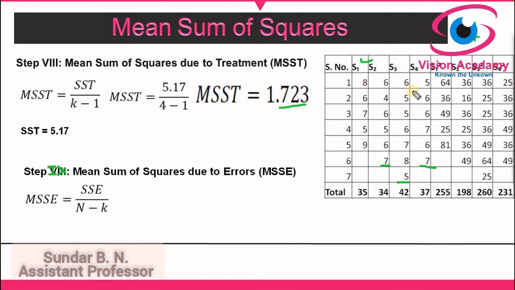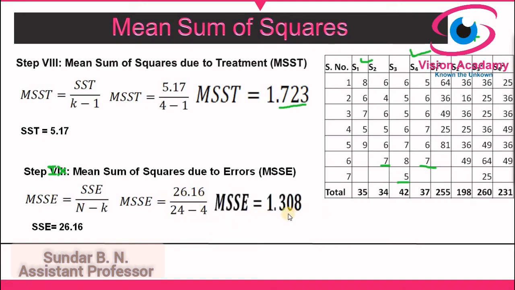When we add all these 4 school samples, our sample size in this example is 24, and we have 4 schools here. So K is 4, and 24 minus 4 is our degree of freedom for this example. So SSE is 26.16, N is 24 and K is 4. So 26.16 by 20 would be MSSE. MSSE is 1.308.